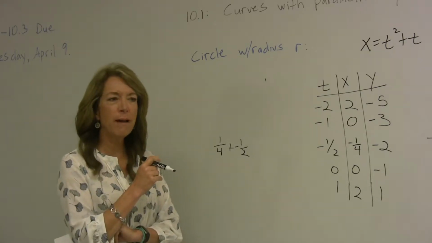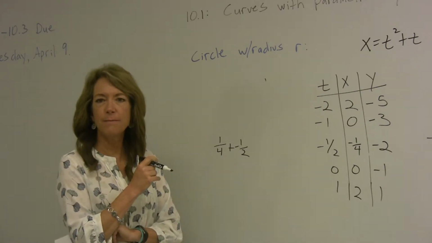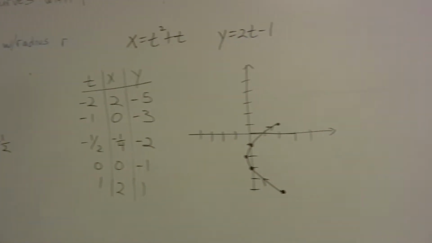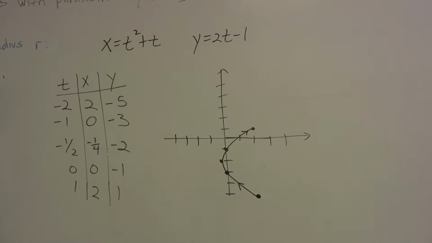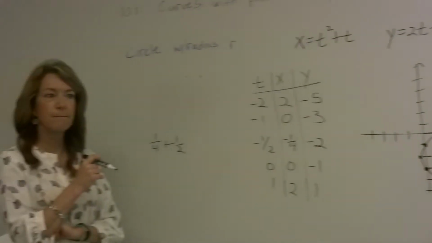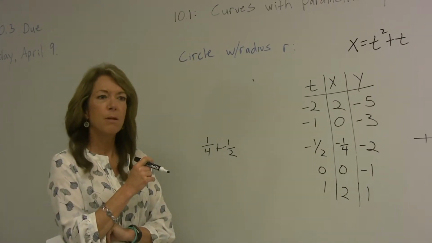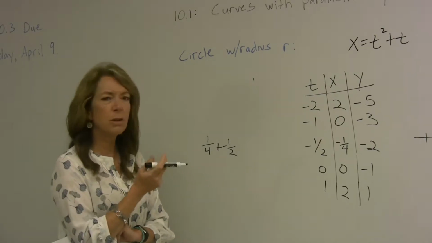You think this is the whole graph? What's the rest of it gonna look like? It loops back around. You think it's gonna loop back around? How can we check to see if it loops back around? Plug in some more points. Well, which one should we plug in?